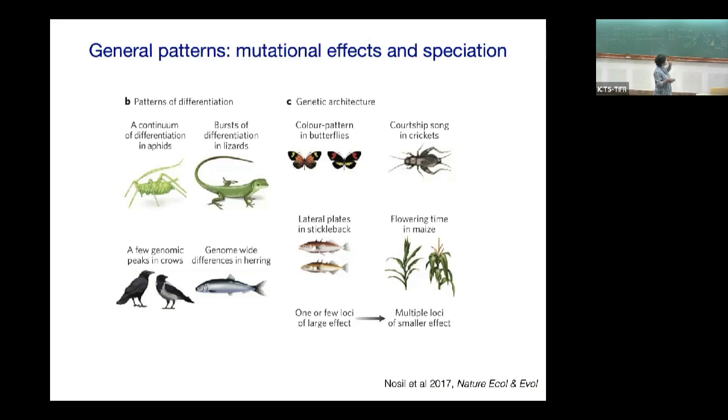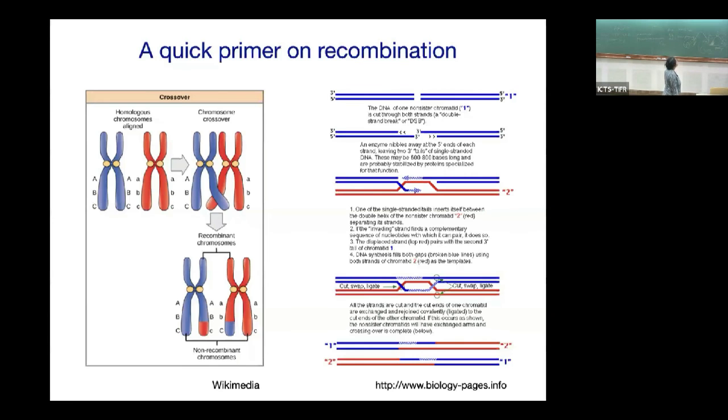And similarly, few genomic peaks in crows and lots of differences in these headings, right? So basically, it isn't that differences across species are driven by one kind of few alleles of big effect or lots of alleles of small effect. We see all types of examples. I don't know if we have time to go through this, but we'll go through this.